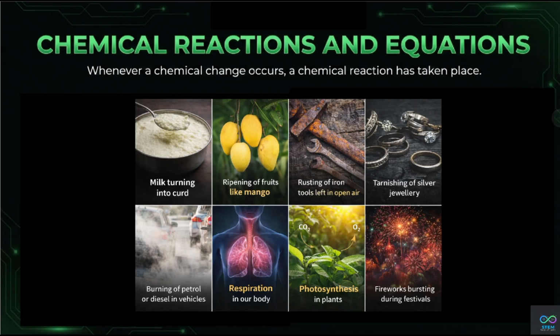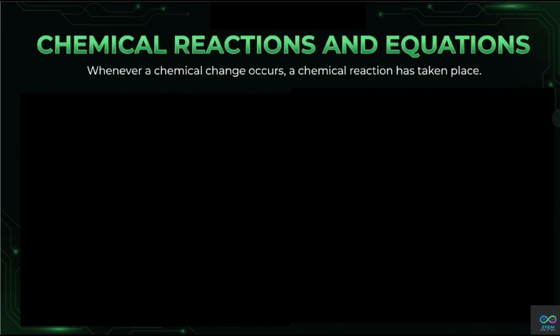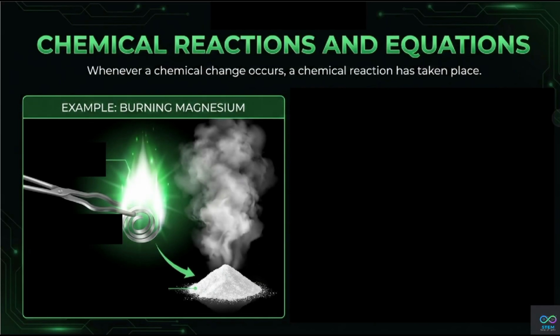In all these cases, the nature and identity of the initial substance changes because of the chemical reaction which takes place in it. Now let us come to the example of a chemical reaction, burning of magnesium.